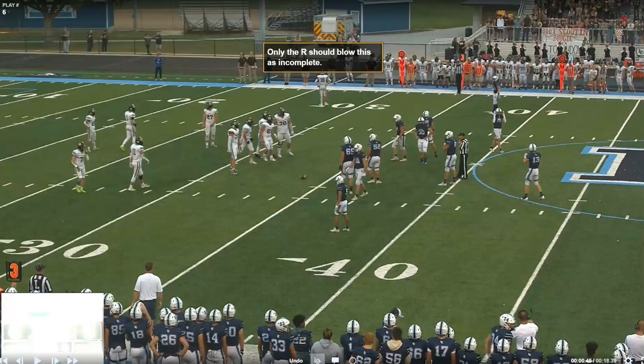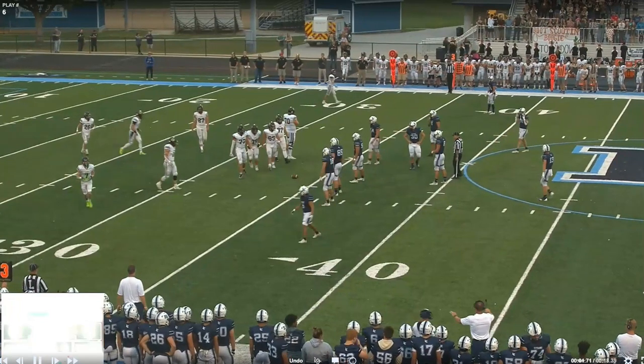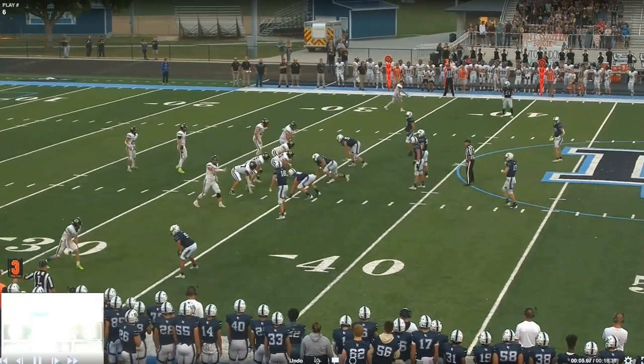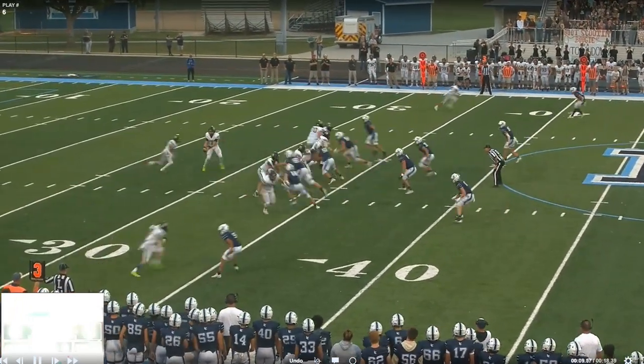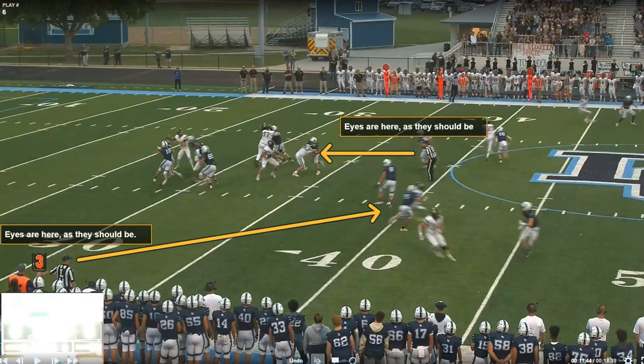So when we've got a ball coming out of the hand of a quarterback that gets hit, we only want the referee to blow it dead for an incomplete pass. He's the only one that really knows if that ball was in possession and in the grasp of the quarterback with the hand moving forward when he was contacted.